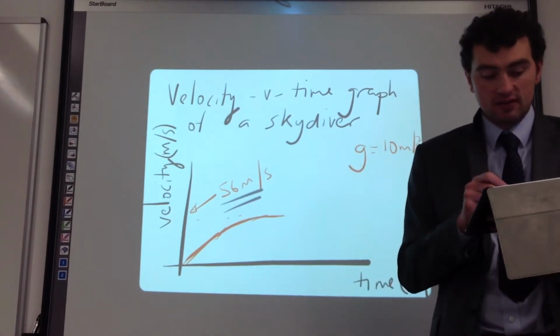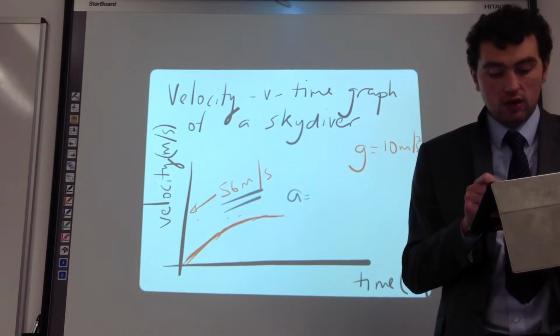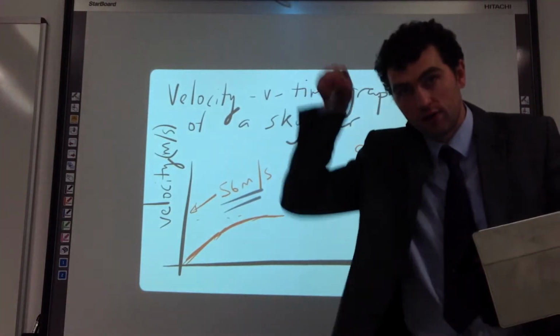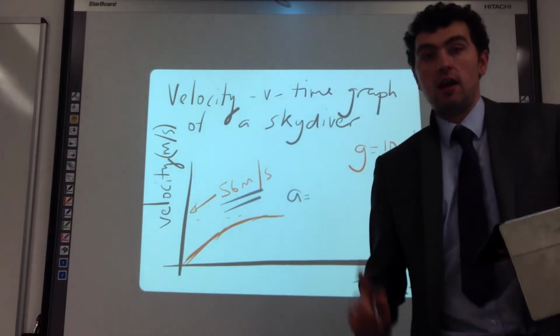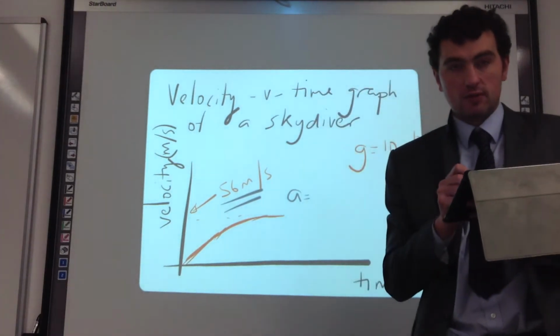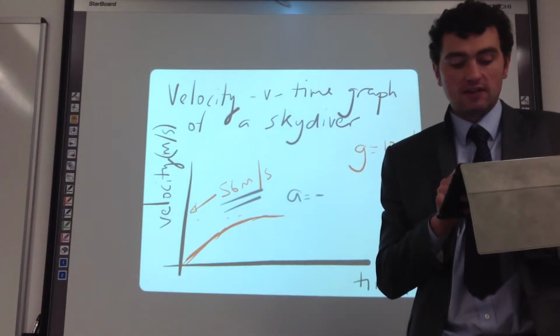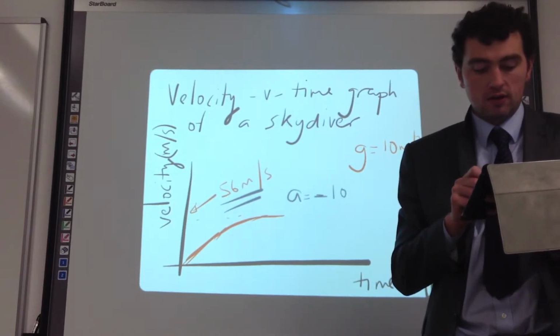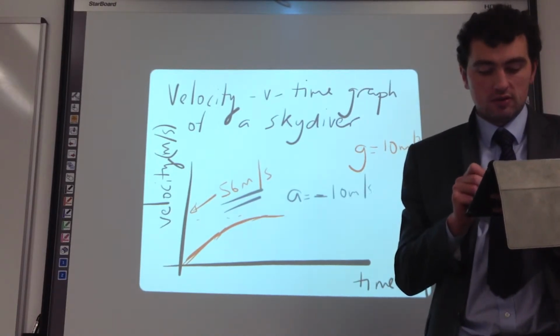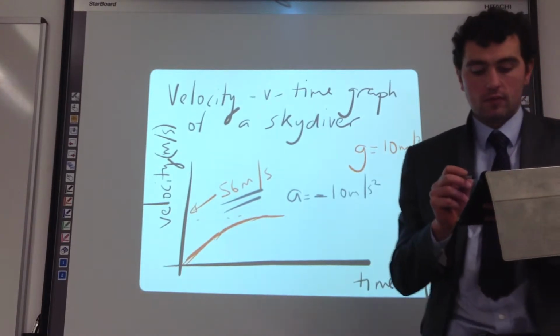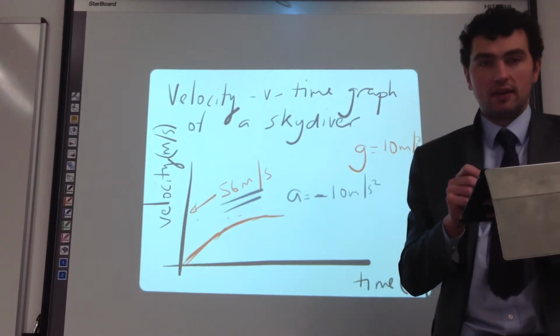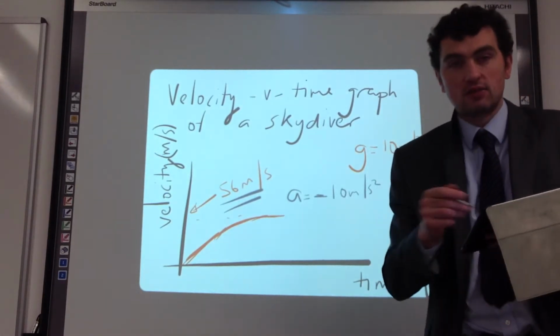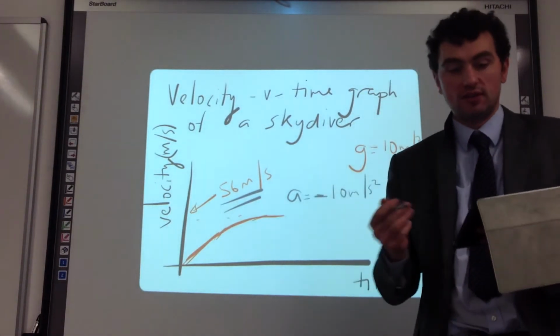His velocity is in the downward direction, so if his acceleration is in the upward direction, we must make that a negative. If his acceleration is minus, I don't know, 10 meters per second squared, well then he's going to slow down. The minus means he's not going to speed up, but he's going to slow down.